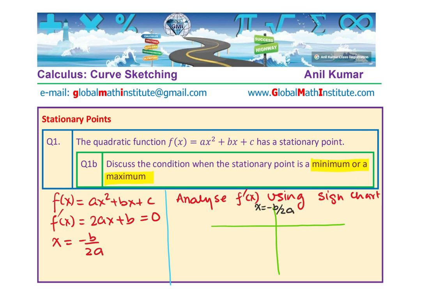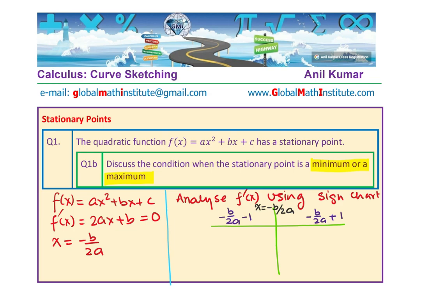You need to take a value which is less than this and one which is more than that. So the best value to take is minus b by 2a minus 1, so it becomes less than. Here I can take minus b by 2a plus 1. You get the idea. Here we can take a value like this and test the function, correct?